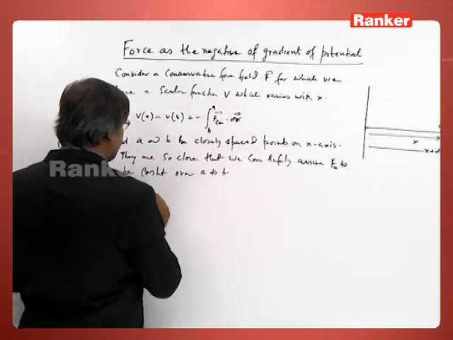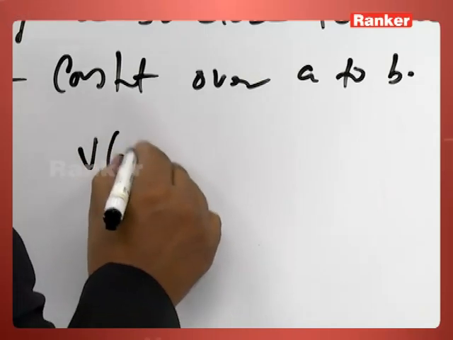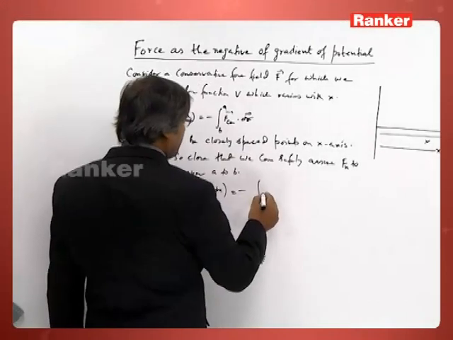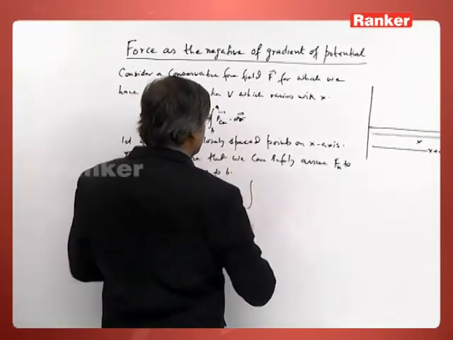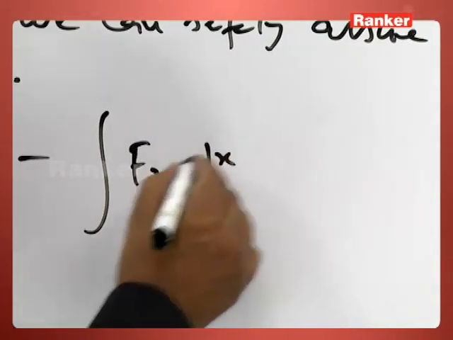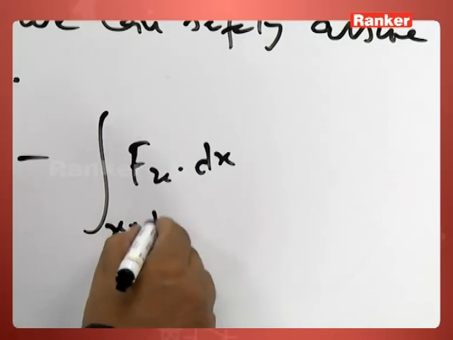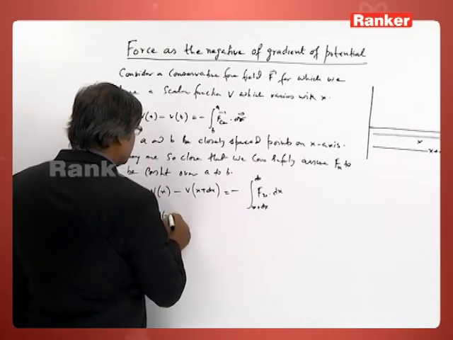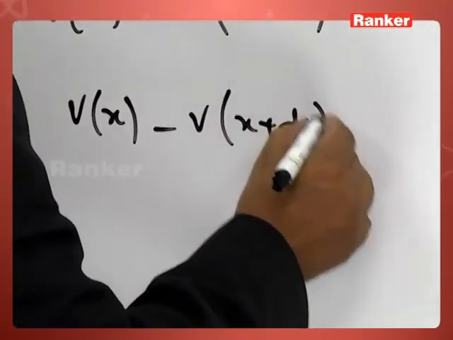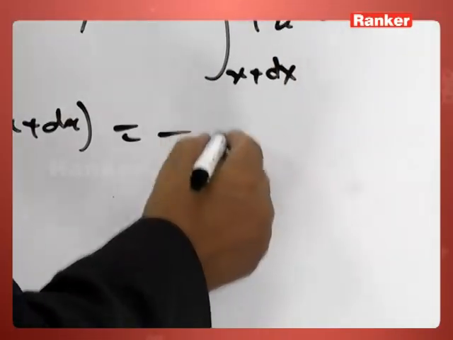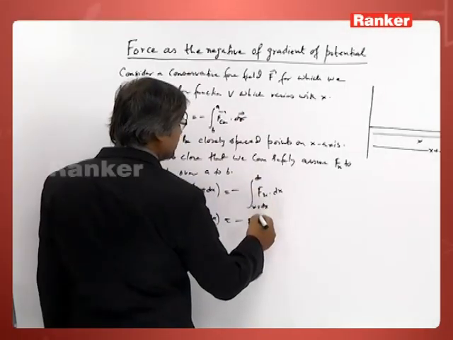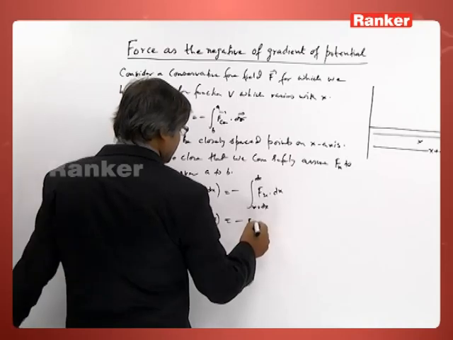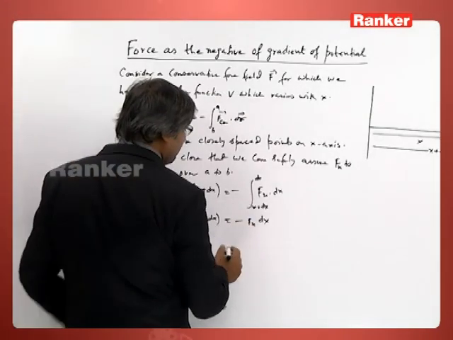So VA, meaning V at x, minus V at x plus dx, is equal to minus Fx into dx, because Fx is assumed to be constant. I can bring this minus out, and dx minus x minus dx becomes dx, so this becomes plus dx.